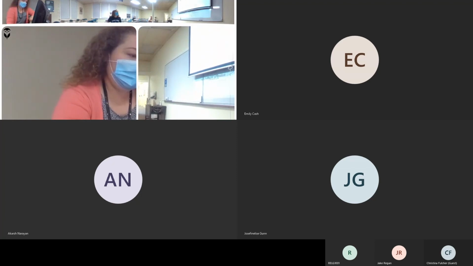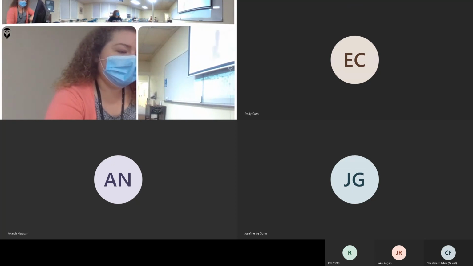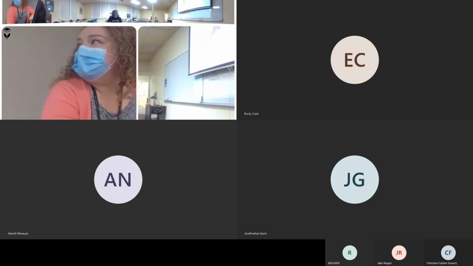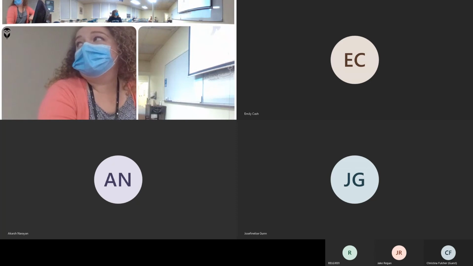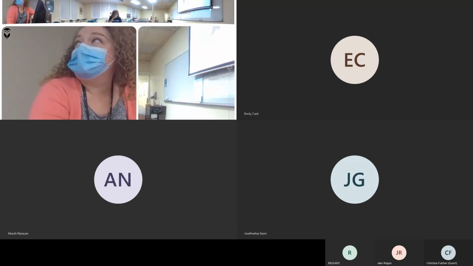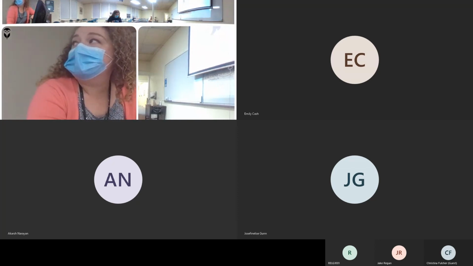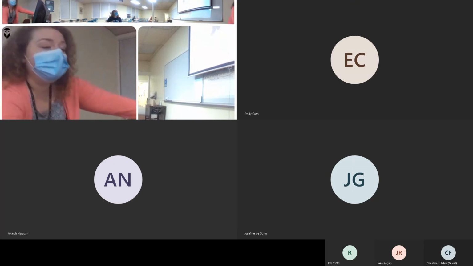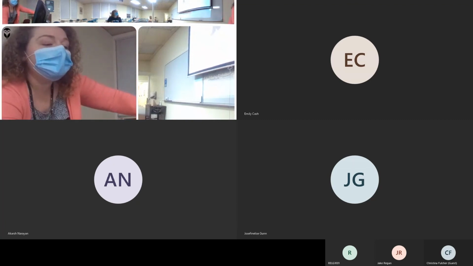G alpha then activates adenylyl cyclase. And now we have a huge number of signaling molecules. So we started with one extracellular red dot signaling molecule out here. It's now turned into a multitude of new signaling molecules. So that's amplification.